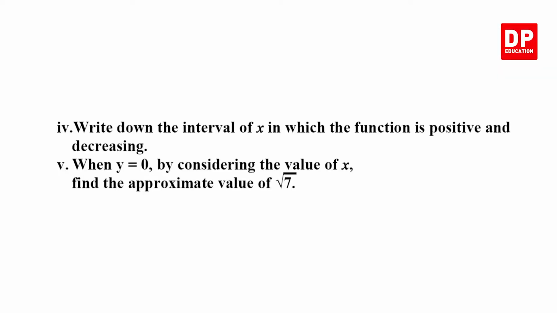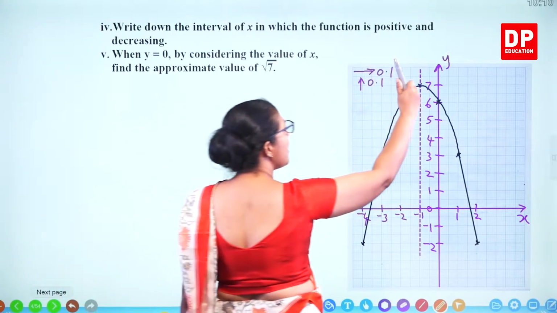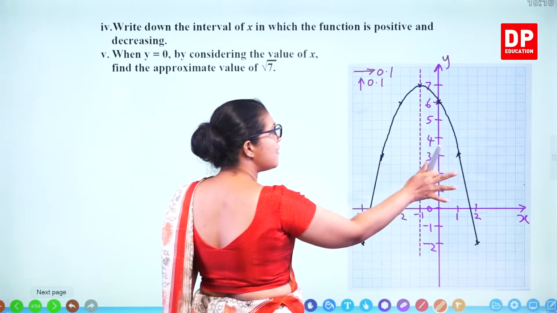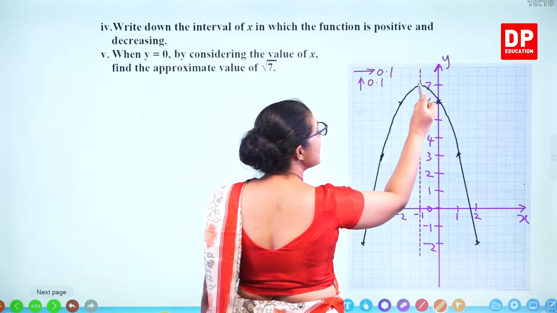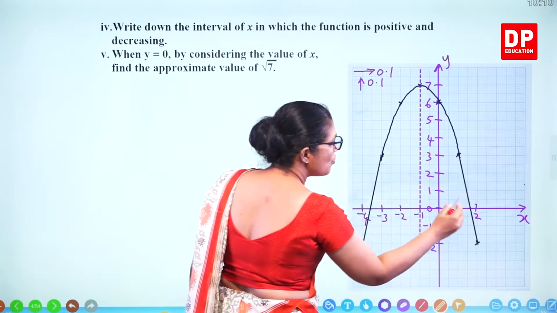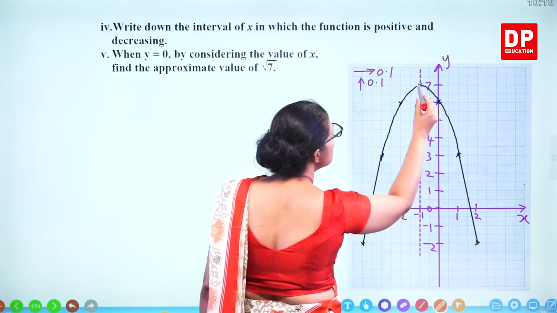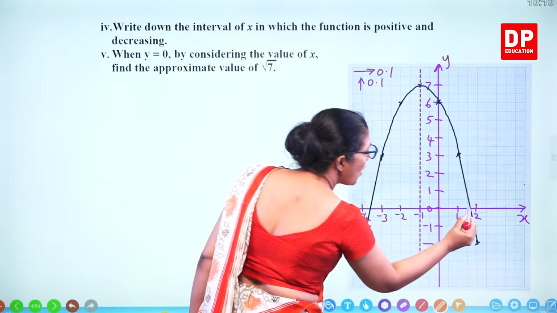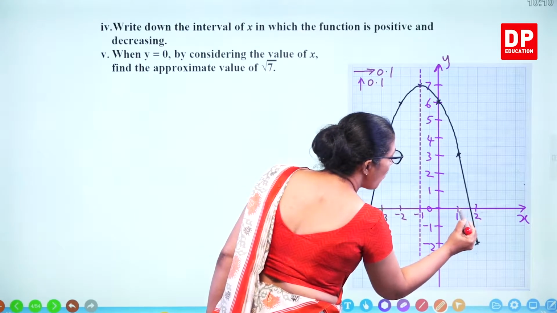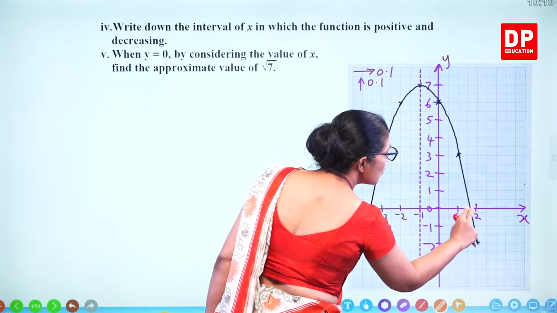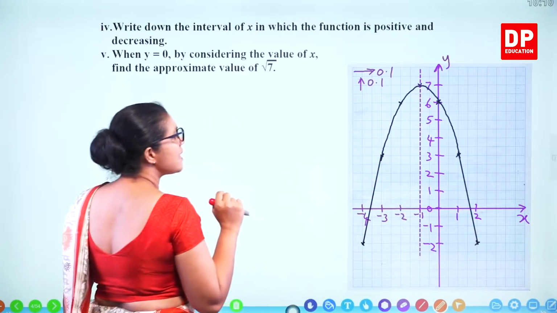Now we'll look at the next part. Write down the interval of x in which the function is positive and decreasing. Decreasing means here to here, but positively. So you need to read this point. So this is x equals minus 1. This is 1.7. 2 squares here, 1.7.